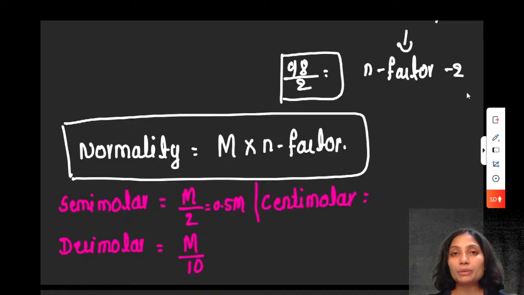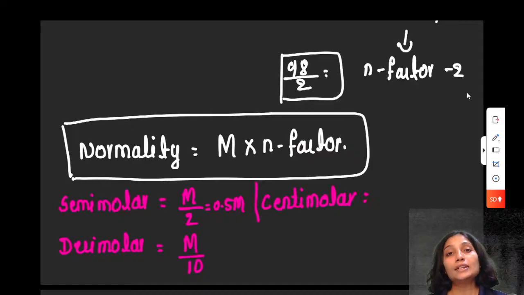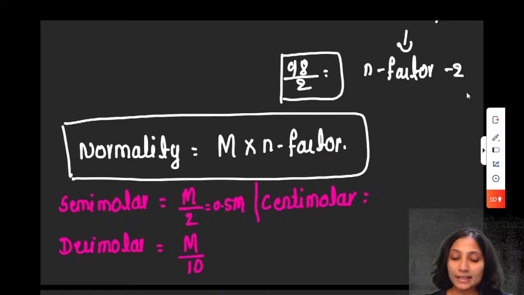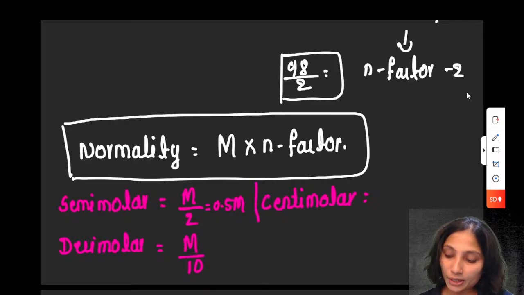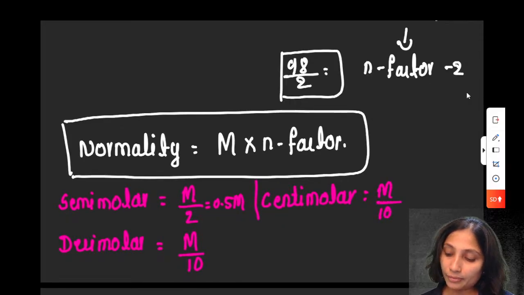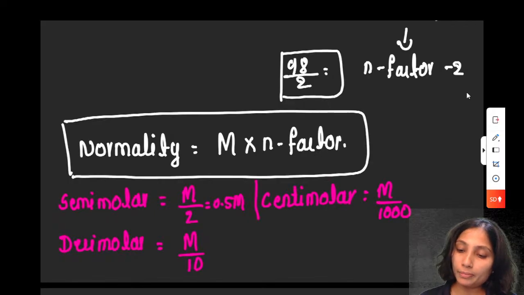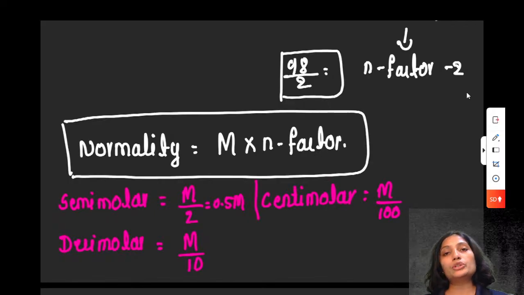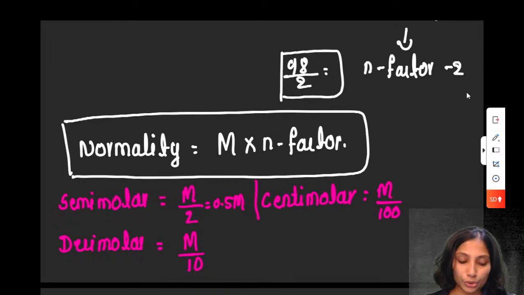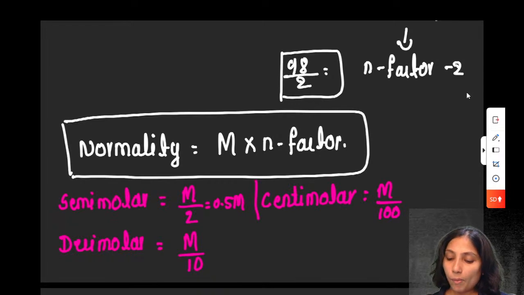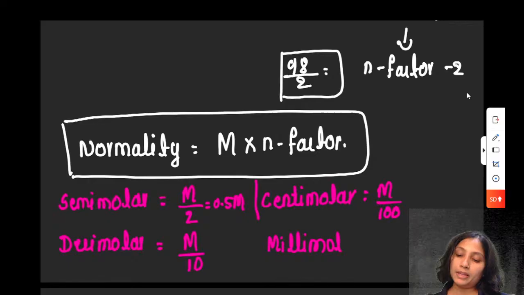And decimolar solution means 1 by 10, which is 0.1. 0.1 molar solution is called decimolar solution. And centimolar solution means m by 100. 0.01 molar solution is called centimolar solution. And millimolar solution means m by 1000.